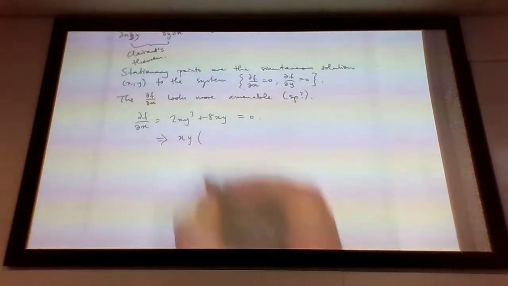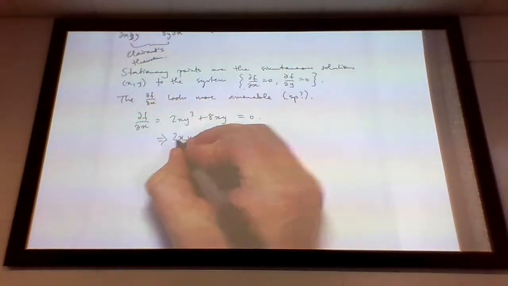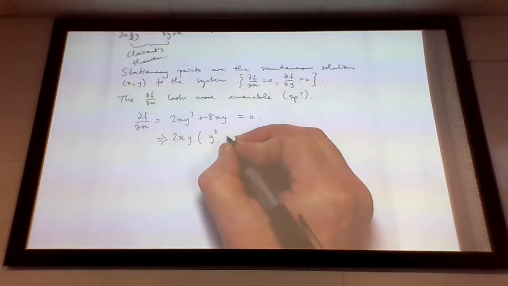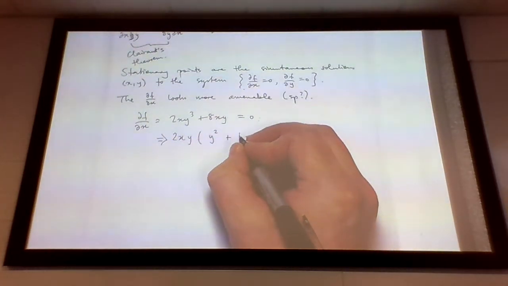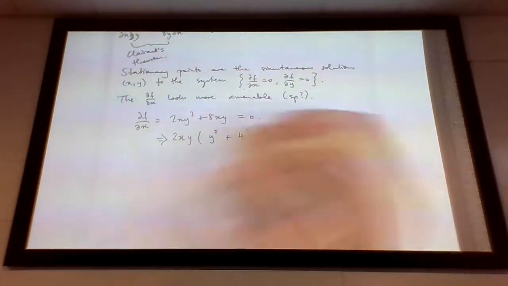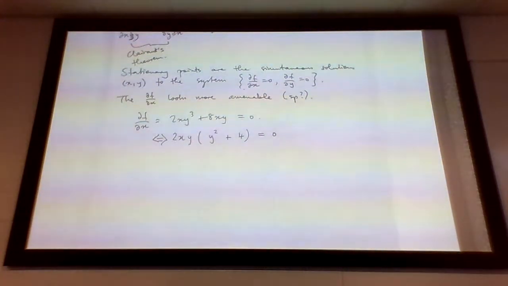So we can factor out 2xy, giving 2xy into y squared plus 4.